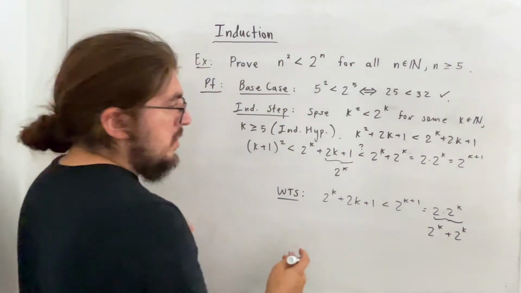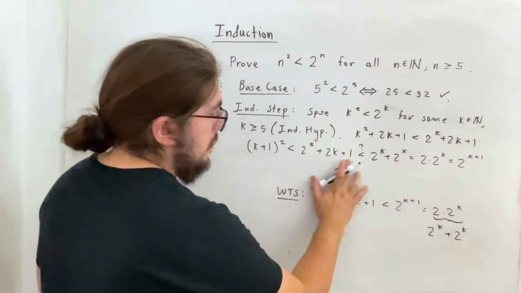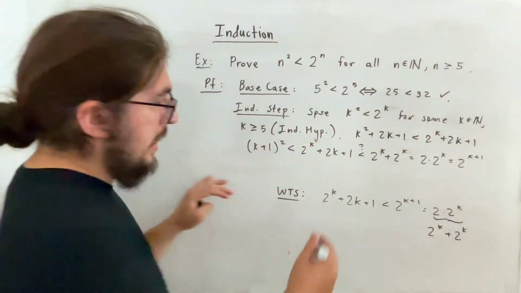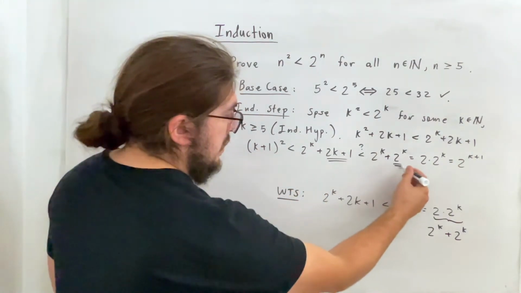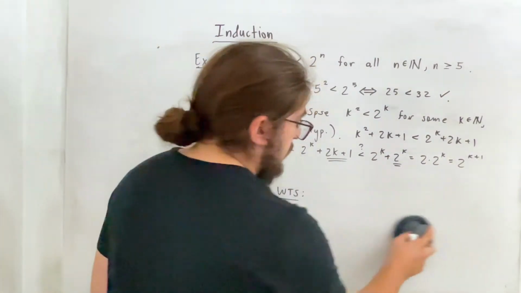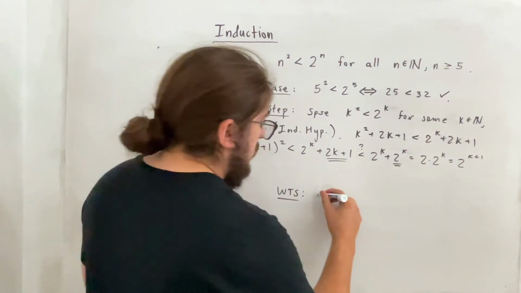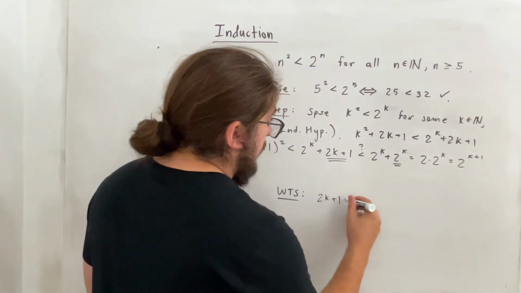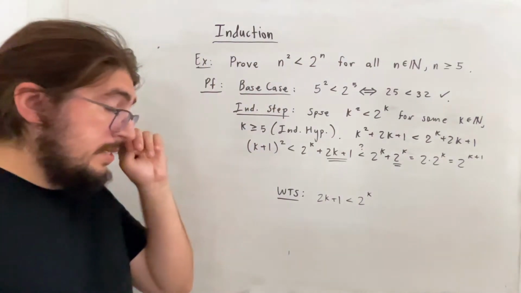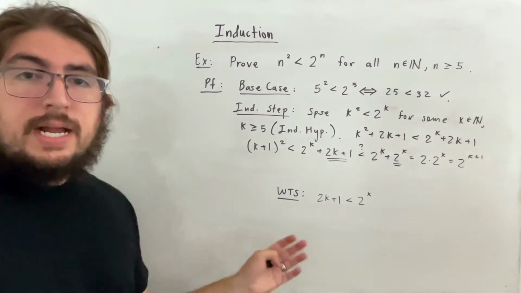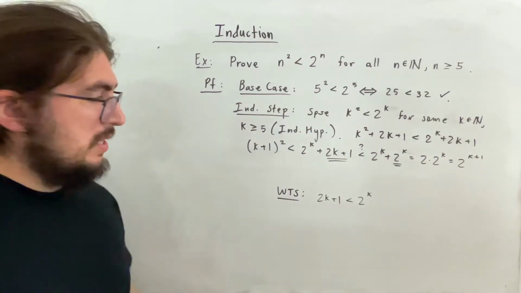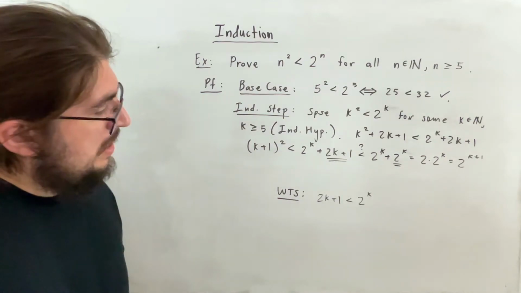But now, how do we show that that's true? Well, is that always true? And again, what we're kind of showing is that this is less than that. So now our want to show has changed to 2k plus 1, any odd number, is less than 2 to that index. So we can actually maybe not show this by induction. I guess we kind of had to show this by induction as well, right? Maybe.